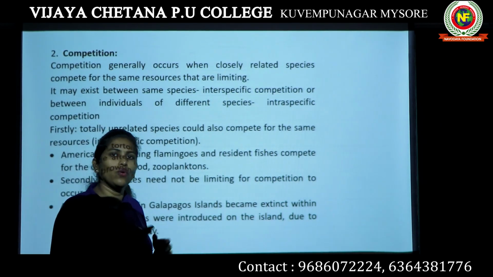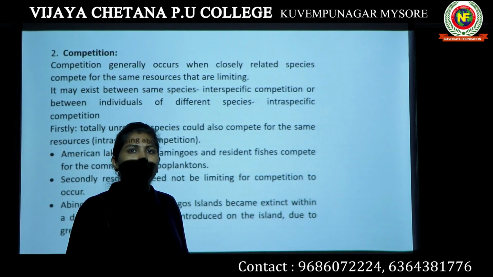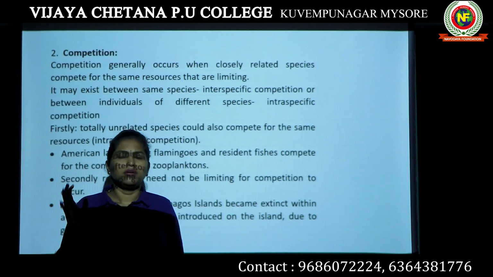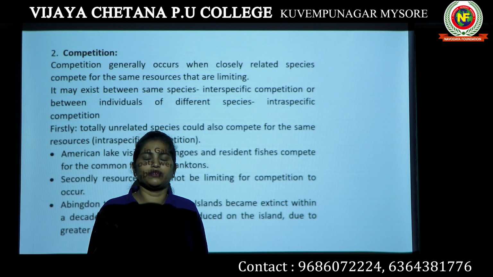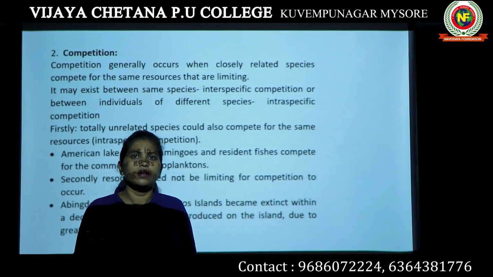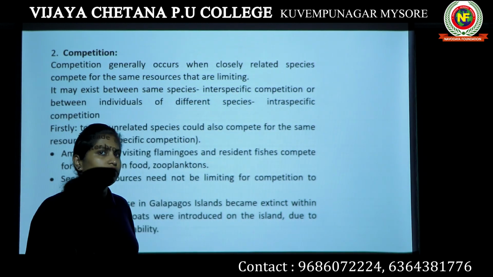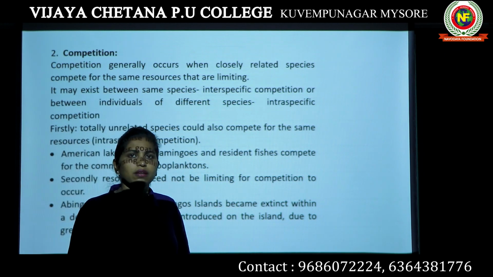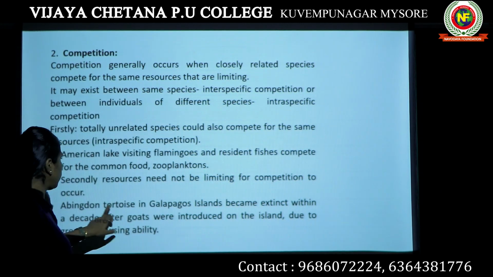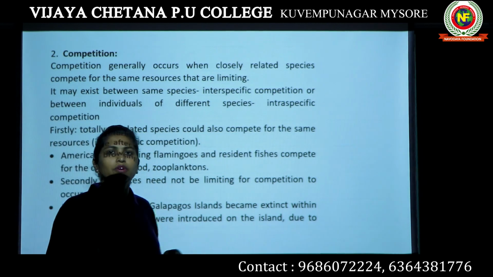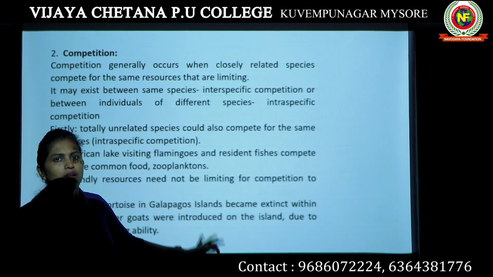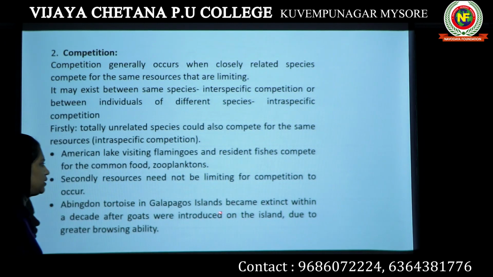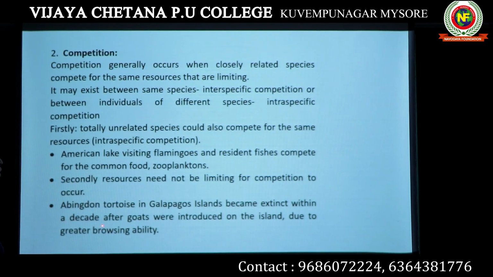When the goats were introduced, because of the grazing capacity of goats, they grazed almost all the plants and the grass which was available on that particular island. Due to that reason, due to overgrazing, this tortoise became extinct from the island. They became extinct within a decade.